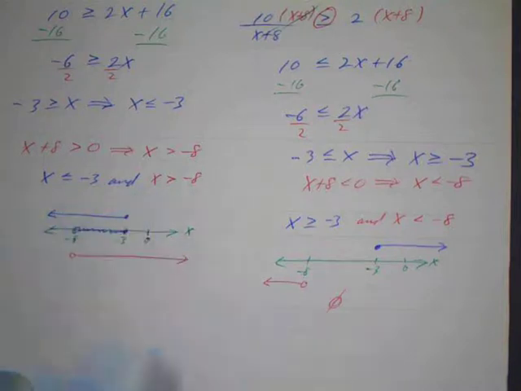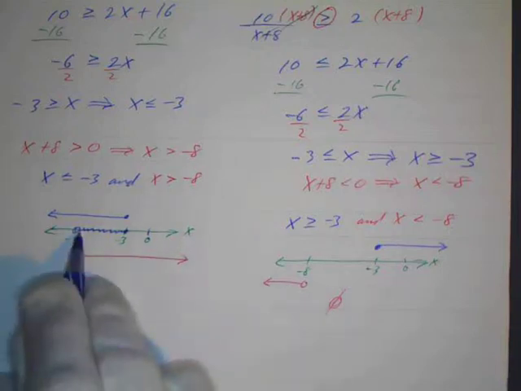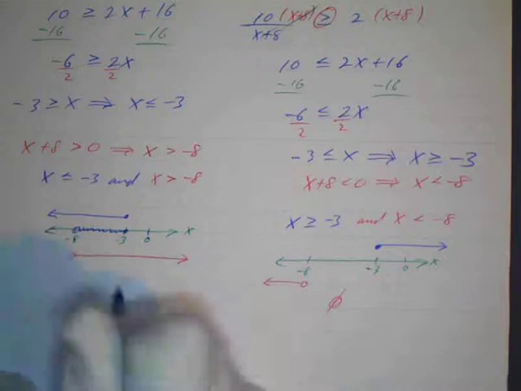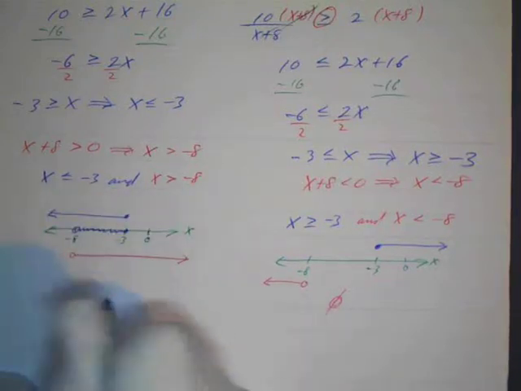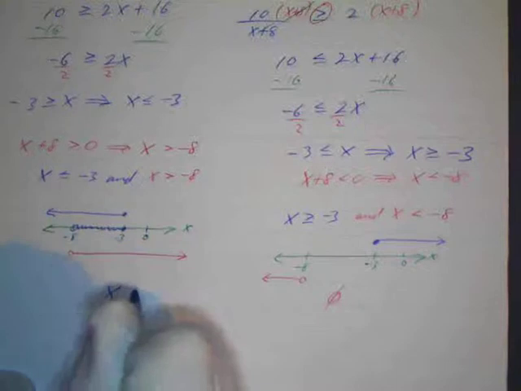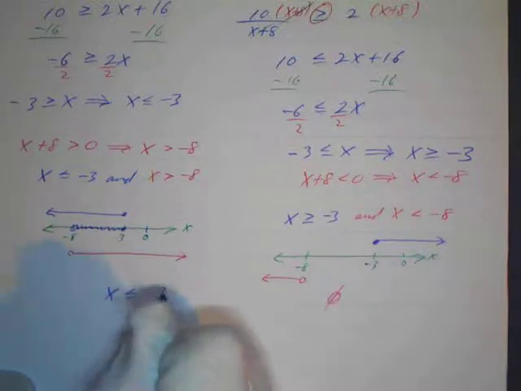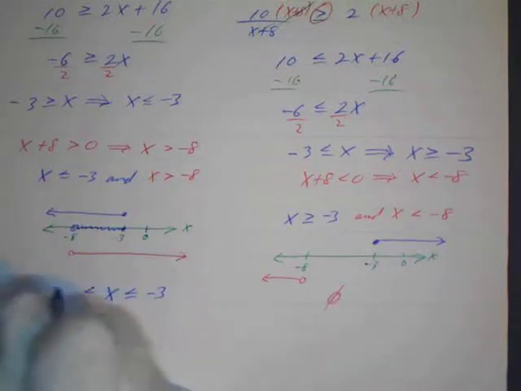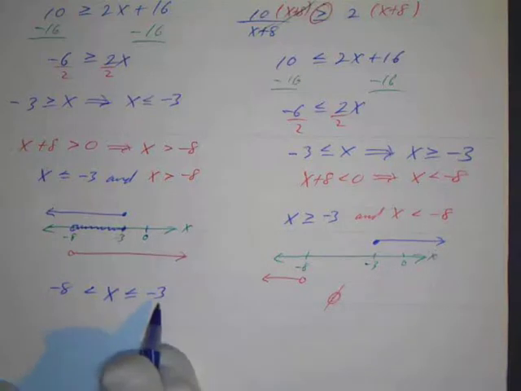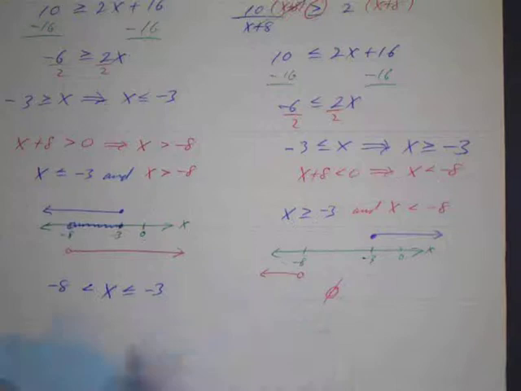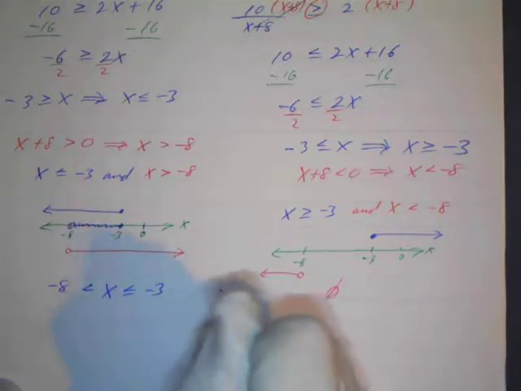Now when we have it written like this, we can actually write that x is between. You can see that x is the values between negative 8 and negative 3, so rather than writing both, we could say that x is less than or equal to negative 3, and at the same time it's greater than negative 8. It's between negative 8 and negative 3, equal to negative 3 but not equal to negative 8, and we have or, because this is a disjunction.